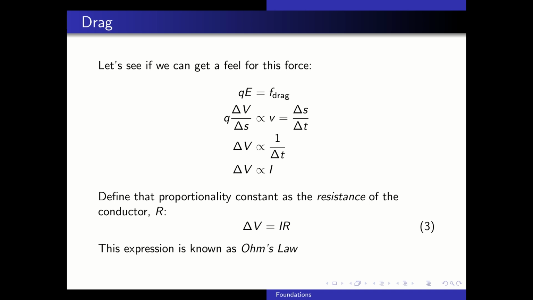We call that equation Ohm's law, and Ohm's law is a valid statement independent of the material, although there are some special cases where it's going to be particularly interesting.